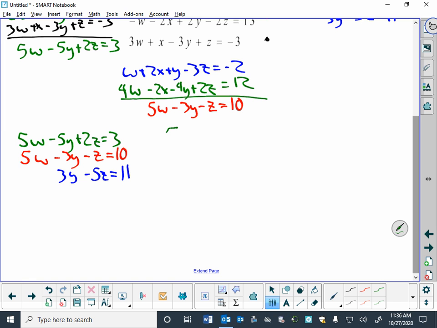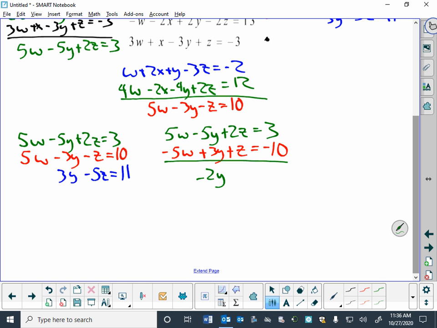So if I take my green equation, 5w minus 5y plus 2z is equal to 3, and I multiply everything in the red one by -1 and make that negative 5w plus 3y plus z equals -10, and I write that as a green equation, that's -2y plus 3z is equal to -7.